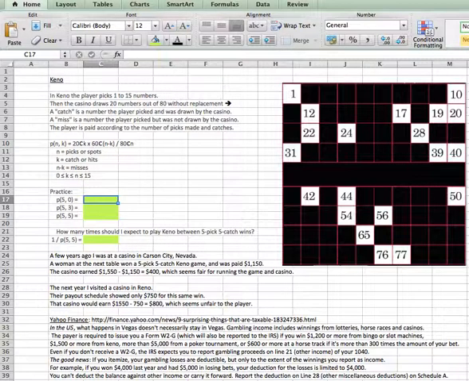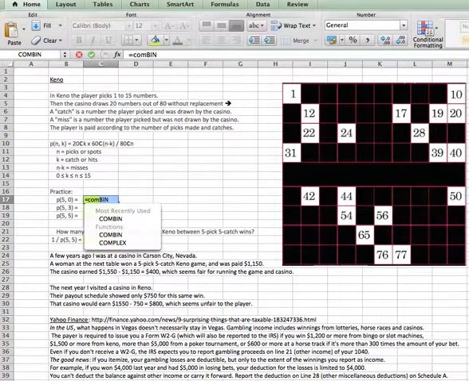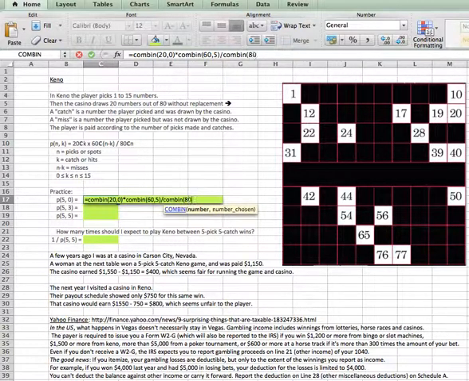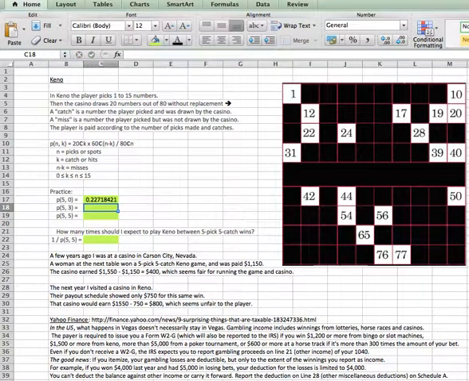Well, that would be equals combine of 20, 0 times combine of 60, 5 divided by combine of 80, 5. And so there's a roughly 23% chance that I will get none of these.